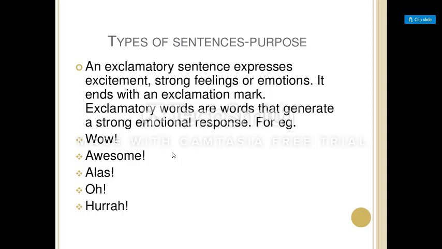Exclamatory sentences may have an exclamation mark in the middle, that is, after interjections. It is not mandatory, but they may have interjections like wow, awesome, alas, oh, hooray, God.